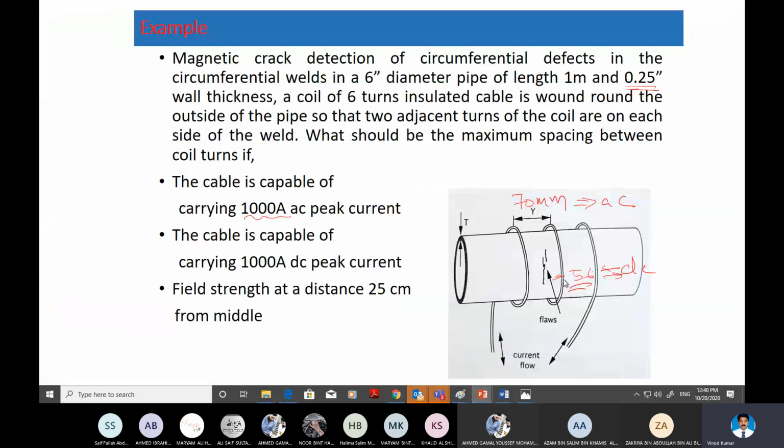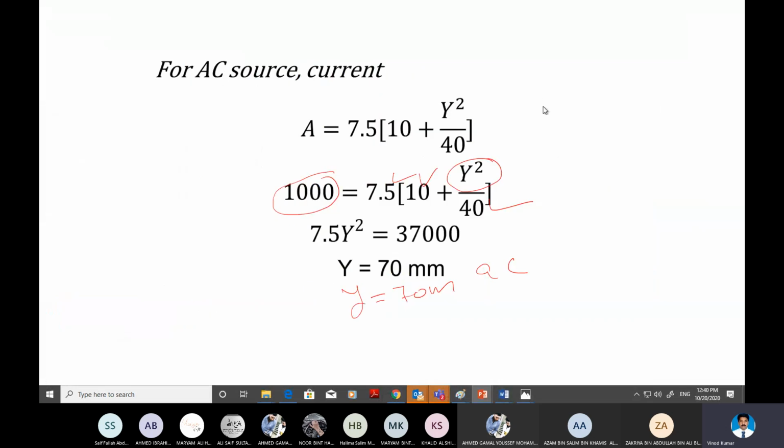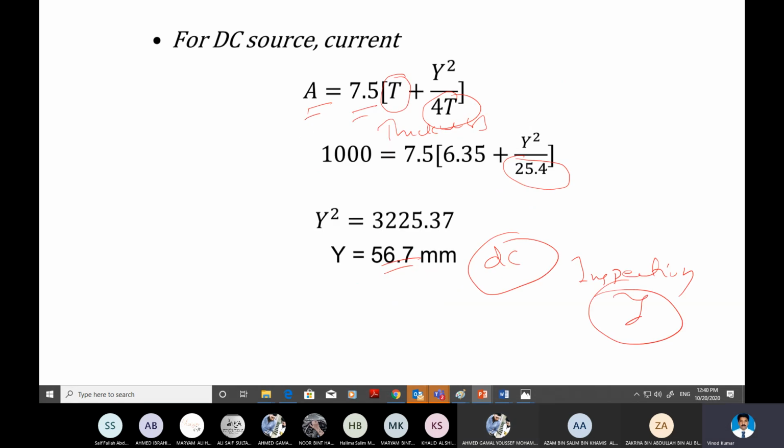They are from experiments. Hence, if we substitute y in millimeters and 40, you will directly get 70, right? The first is okay, correct? Yes.